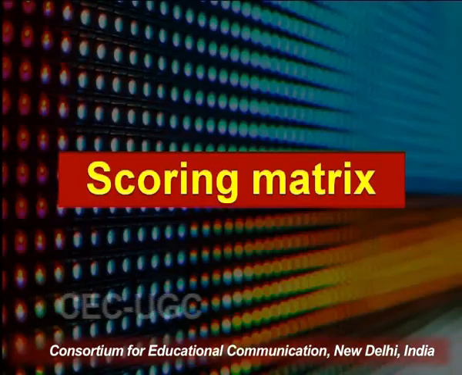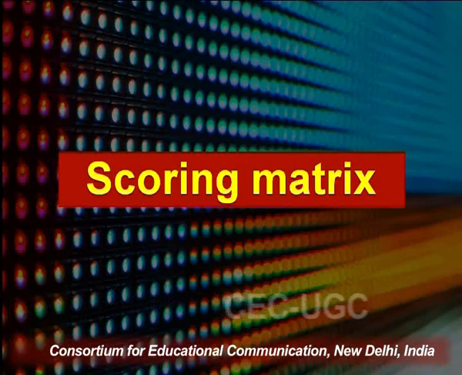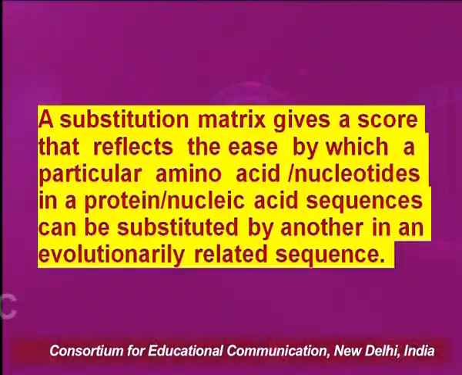Going further, we will talk about scoring matrices. I told you just now, PAM and Dayhoff matrix. So what is a scoring matrix? If you want to write the definition, a scoring matrix gives a score that reflects the ease by which a particular amino acid or nucleotide in a protein or nucleotide sequence can be substituted by another in an evolutionarily related sequence, right?